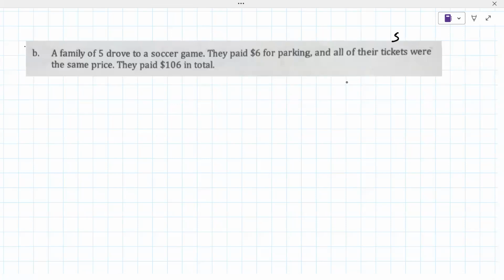So we're going to call their tickets S. Each person that went to the game needed a ticket, and we know that the tickets cost S. Is that clear? Yeah. Okay. So how much was the first ticket that they needed? S. And the second, S, and so on, right?